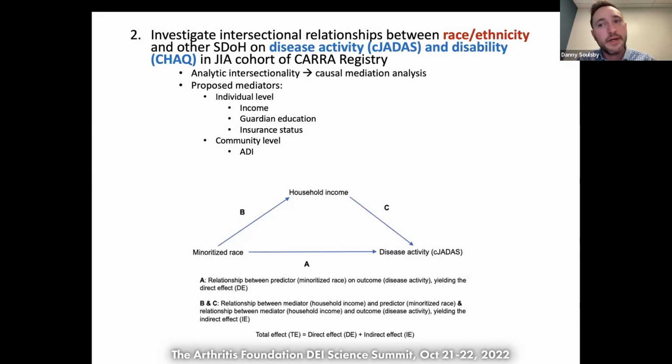In the second aim, we're going to get hopefully a little bit more granular detail to perform some of what we call intersectionality analyses, where we can understand the interrelationships between these social variables, right? Because we know it's probably not a linear relationship where race is equal to income is equal to insurance status, for example.